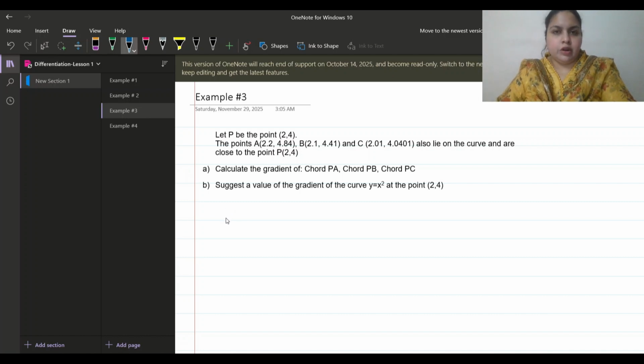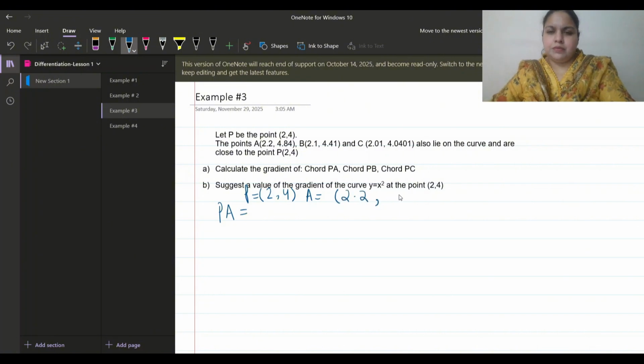So again, a chord is a straight line. As you all remember how to find the slope of a straight line, right? So for PA, since P is (2, 4) and A is (2.2, 4.84), it's 4.84 minus 4 upon 2.2 minus 2.